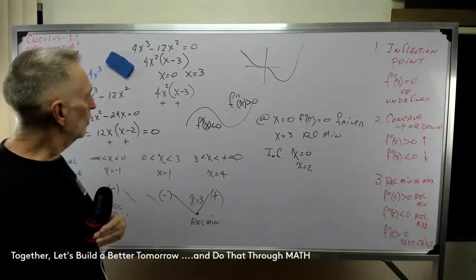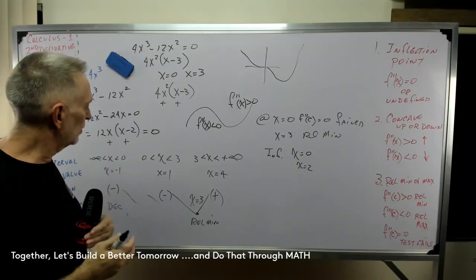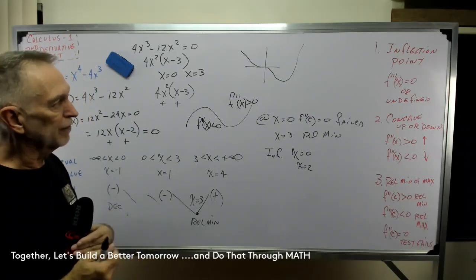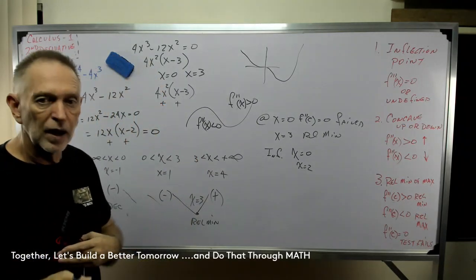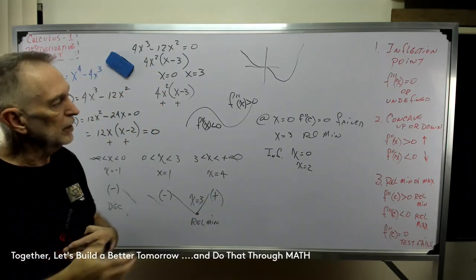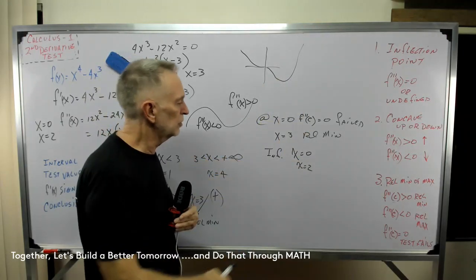So, okay, that was the second derivative test, looking at inflection points, concavity up or down, and looking at relative minimums or maximums and the associated rules to do each.